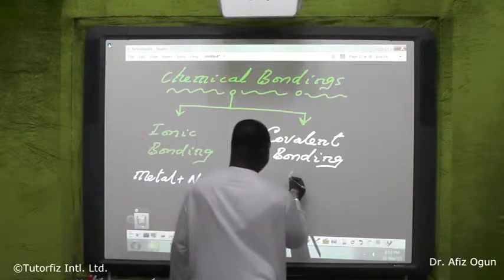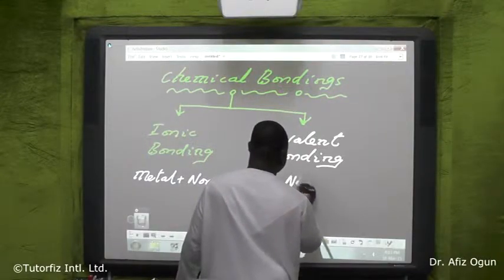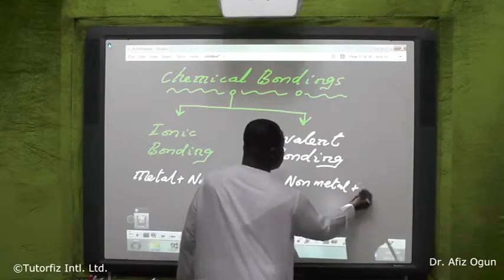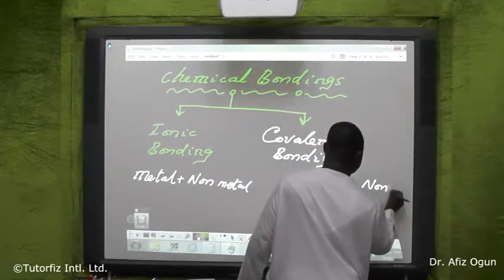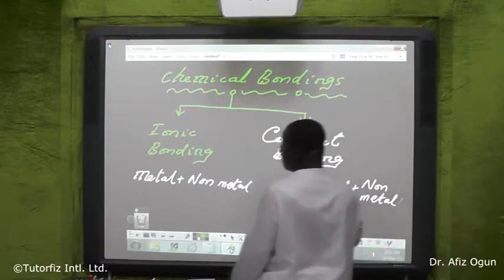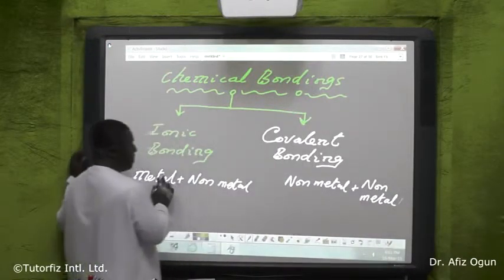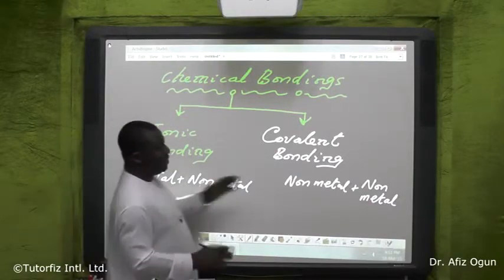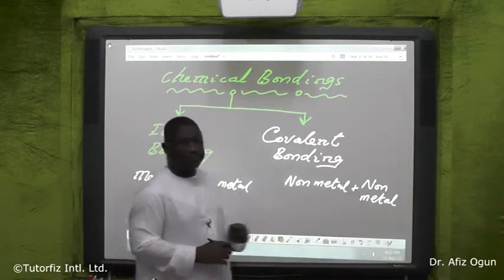Covalent bonding is between two non-metals. Non-metal plus non-metal. Ionic bonding is between metal and non-metal. Covalent bonding is between non-metal and another non-metal.